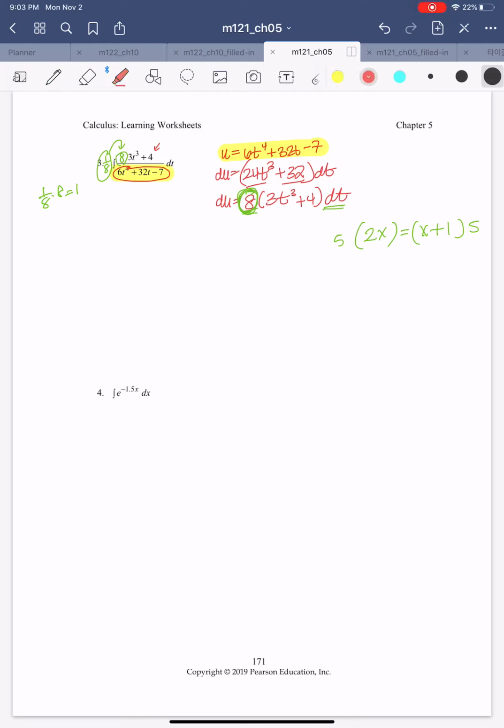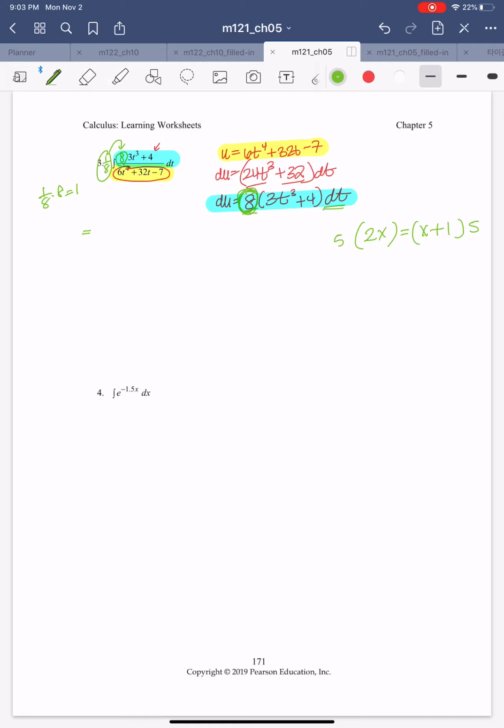If you have an extra term, you can always add the extra term so that the whole thing disappears, but then you have to go back and add 1 over 8 to cancel that out. Okay, so that's an important part. 1 over 8 pulled back times 8 is 1, so I haven't changed anything.